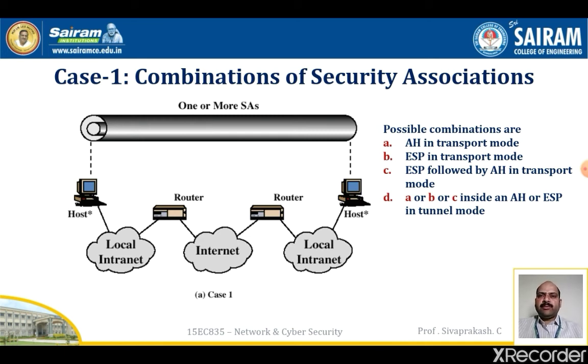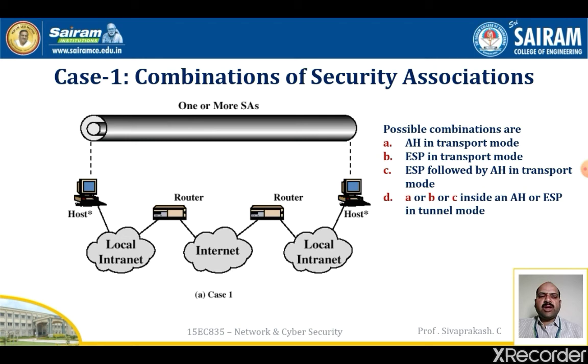First, case 1 of the combinations of security associations. This figure shows a local internet and how it is going to get connected between one or more SAs. All security is provided between end systems that implement IP security. For any two end systems to communicate via a security association, they must share the appropriate secret key.